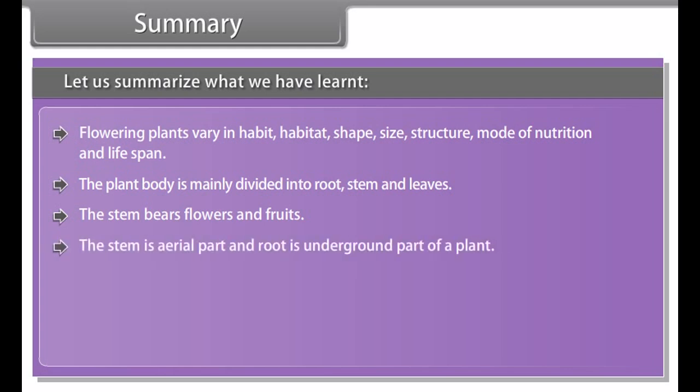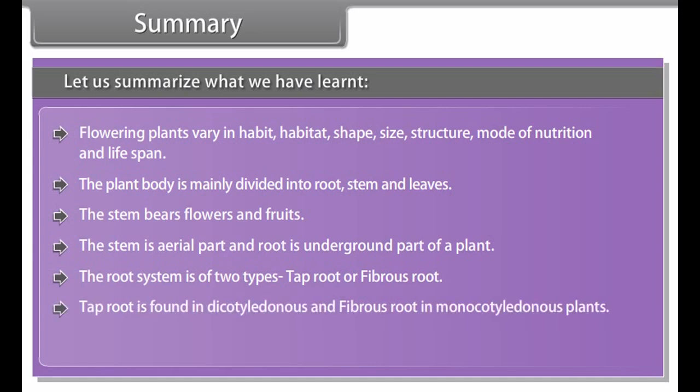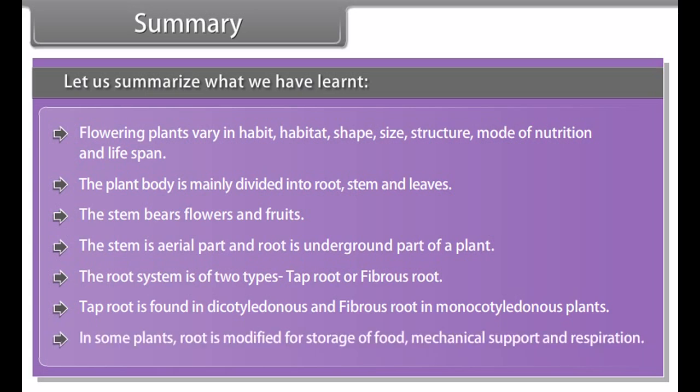The stem is aerial part and root is underground part of a plant. The root system is of two types, taproot or fibrous root. Taproot is found in dicotyledonous and fibrous root in monocotyledonous plants. In some plants, root is modified for storage of food, mechanical support, and respiration.